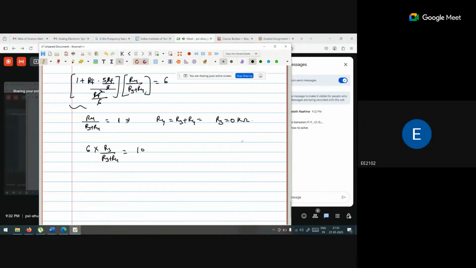This is common in V3 and V4 voltage, so the value of this one is 6. So I just put the value of 6. So 6 R3 is equal to 10 R3 plus 10 R4. So minus 4 times R3 is equal to 10 times R4.